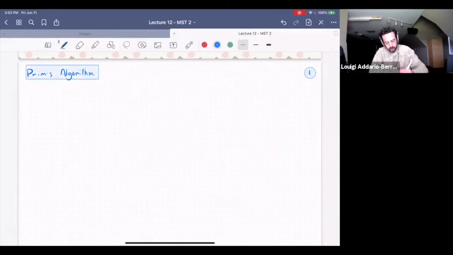So here the input I'll assume is a connected graph, with a vector of weights W, as before.